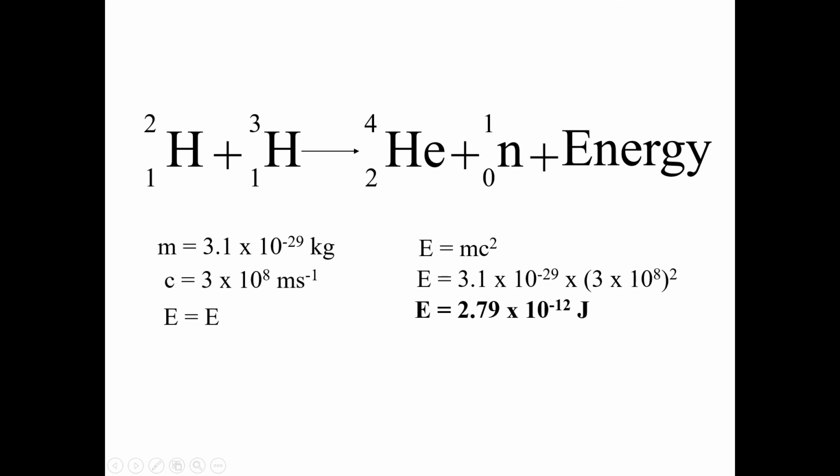You get the energy equal to 2.79 × 10^-12 joule. This is the amount of energy you get from the fusion of deuterium and tritium nuclei.